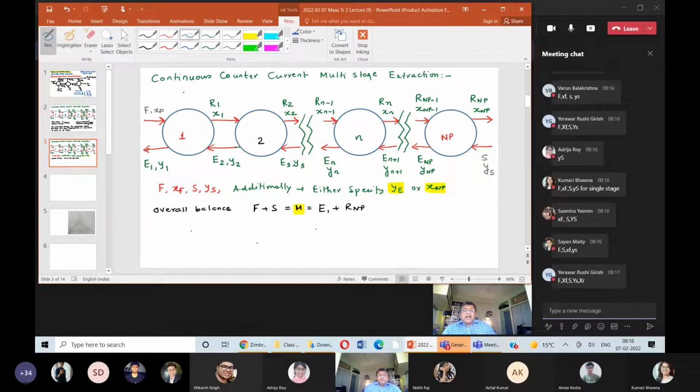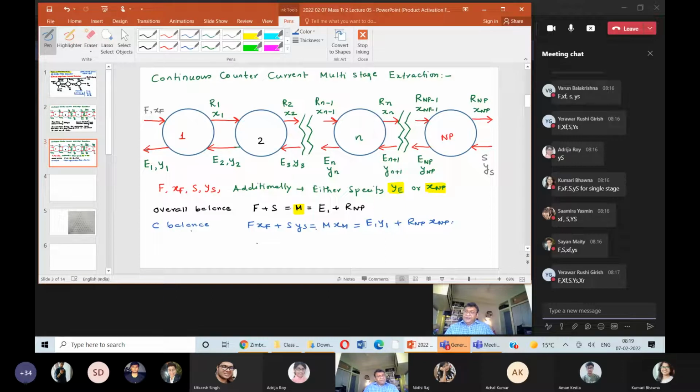Okay. And if you do a C balance, what do you have? FXF plus SYS is equal to MXM is equal to E1 Y1 plus RNP XNP. This should be clear to everyone, right?